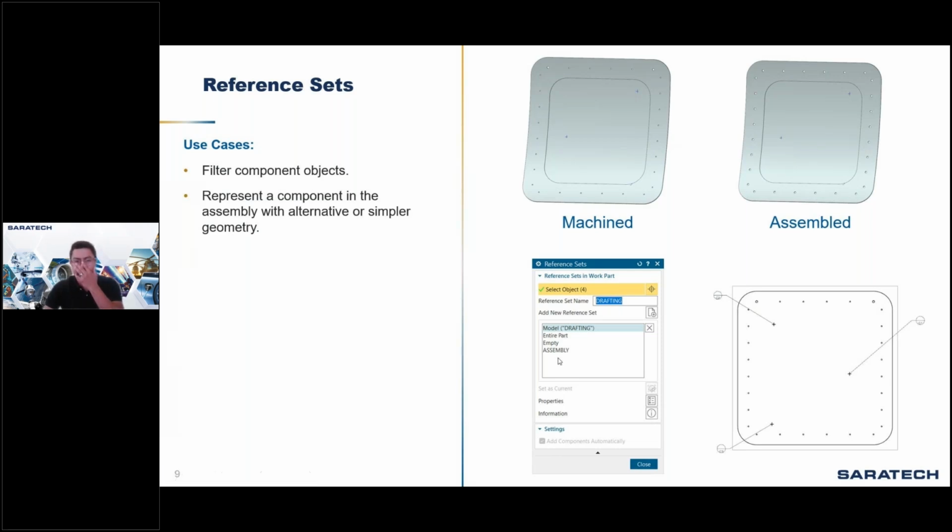This example covers a specific drafting reference set where we want to bring in points from the model to our drafting environment so we can apply datum targets. That's what we're seeing here on the bottom right: these points coming from the model environment and being accessed by the drafting datum target features.